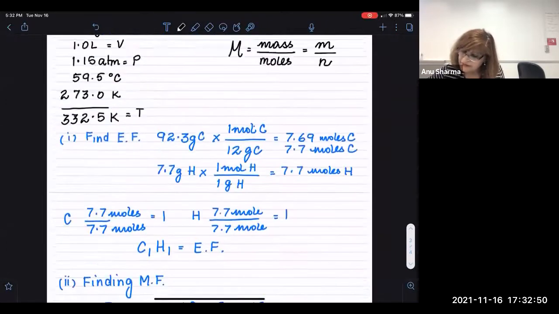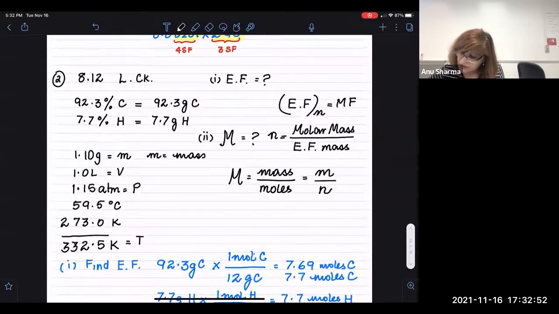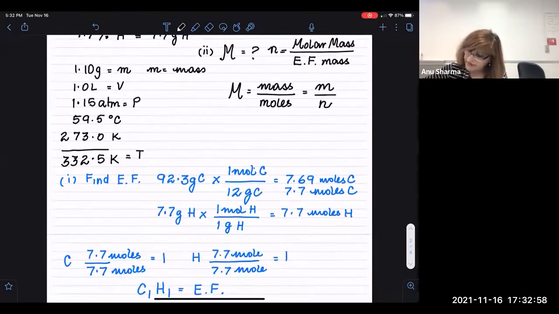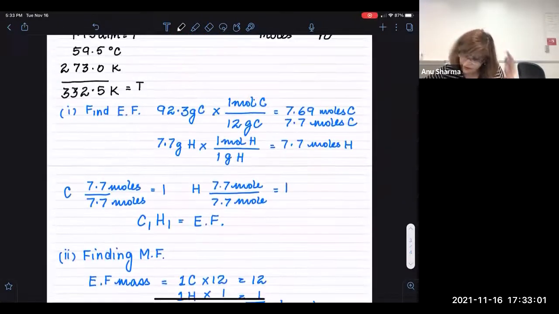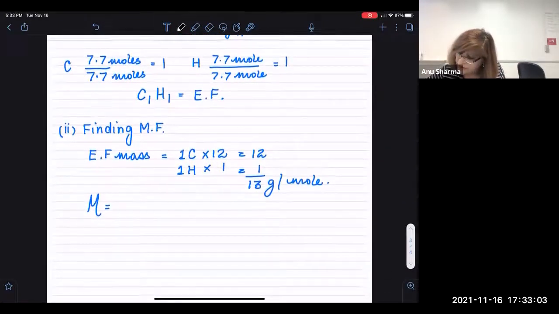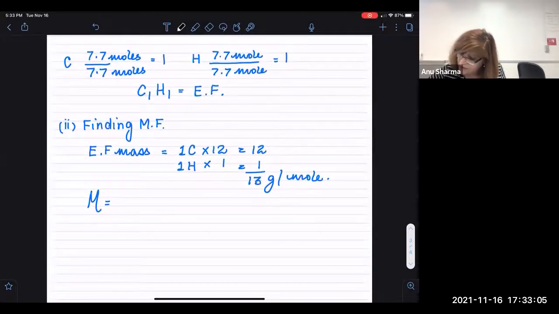One second, what was the thing? Gas, this is a hydrogen gas. No, sorry, it's not, it's acetylene, sorry. So here we have the mass over, one second.